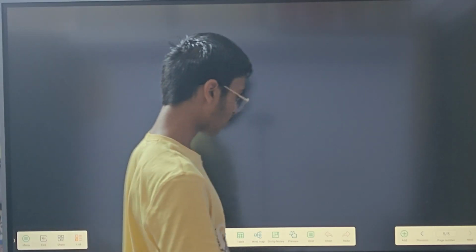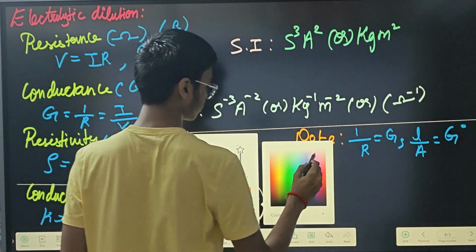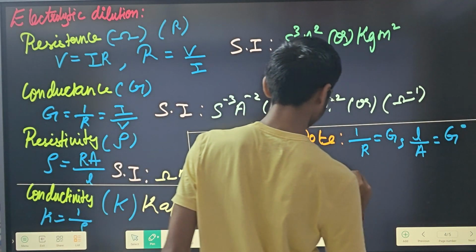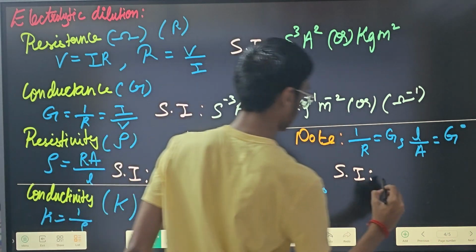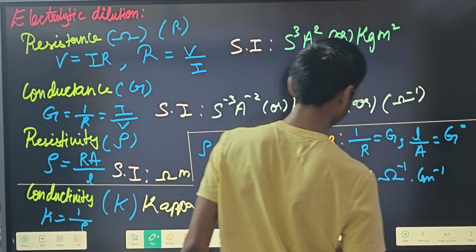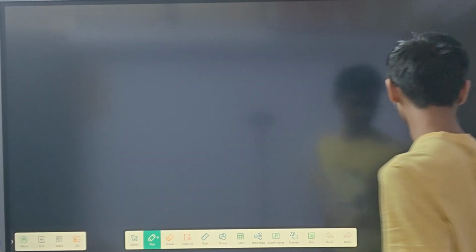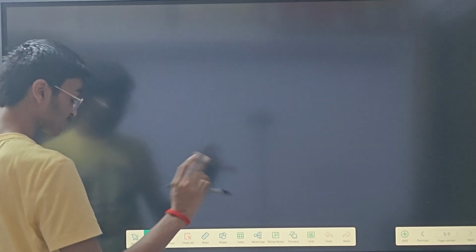The SI unit of kappa is ohm inverse. What are the SI units? SI units are ohm inverse into centimeter inverse. Next is cell constant.